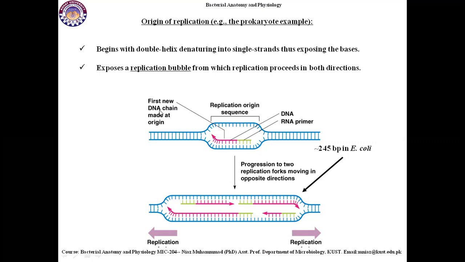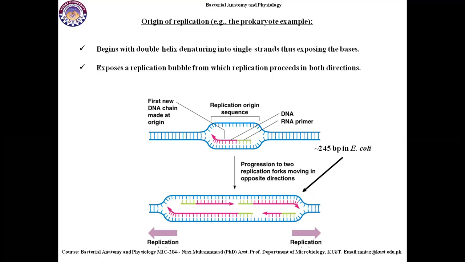First new DNA chain is made at the origin. This one is the replication origin sequence, DNA, and this is the RNA primer, because replication never starts with nucleotides. For this, an RNA primer is required.